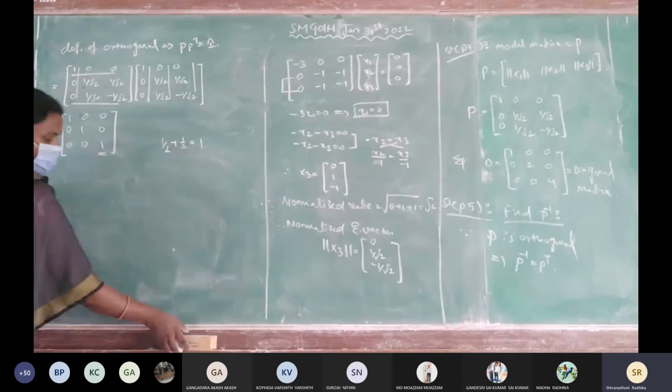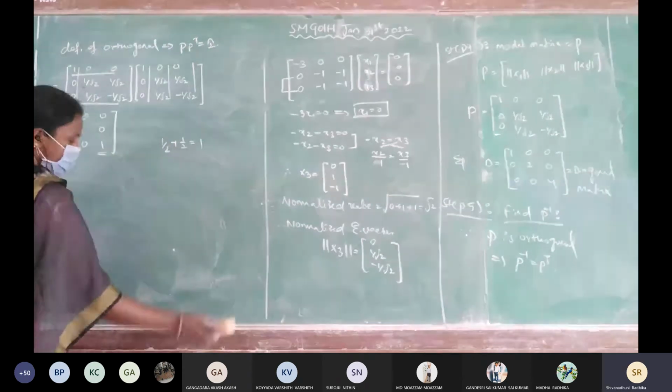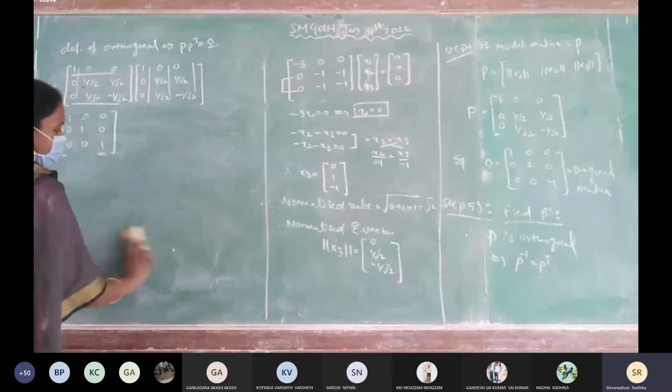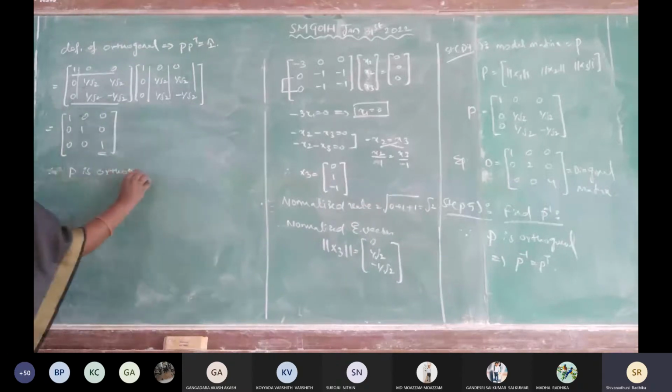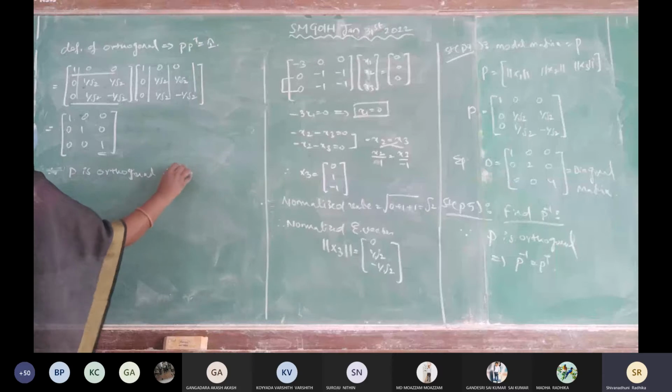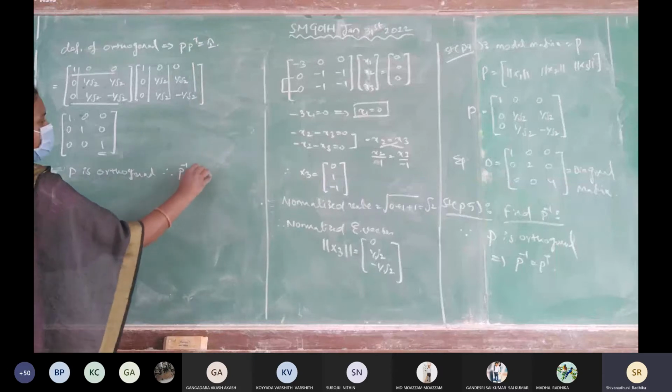Are you clear? Compulsory, we are getting the orthogonal. There is no change at all. Now, since P is orthogonal, what is P inverse? P transpose.